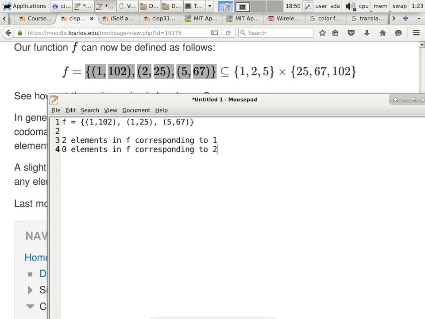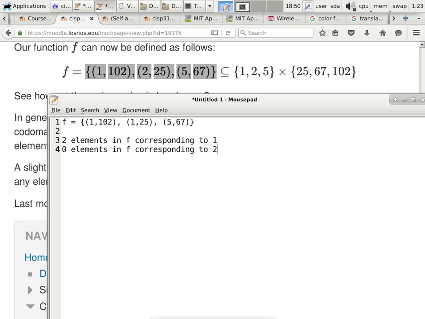Because the rule is, for every element in the domain, it has to be mapped to something in the codomain. Well, they can all map to the same thing, and then you have everything else in the codomain not used. That's perfectly okay. It is still a function. It doesn't have certain properties that we'll talk about later, but it still meets the requirement of being a function.